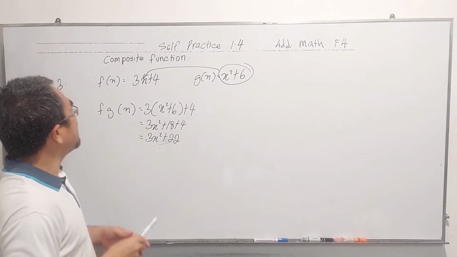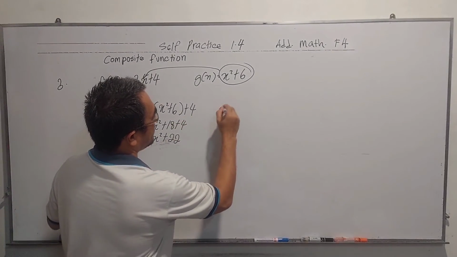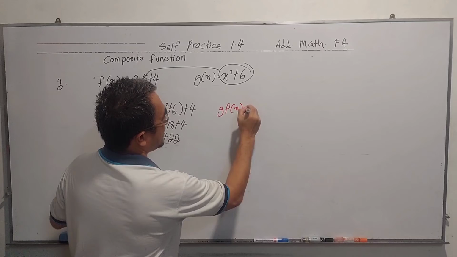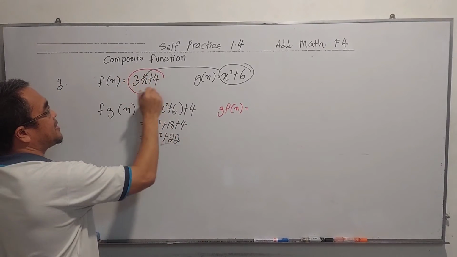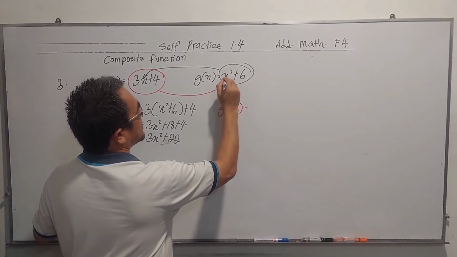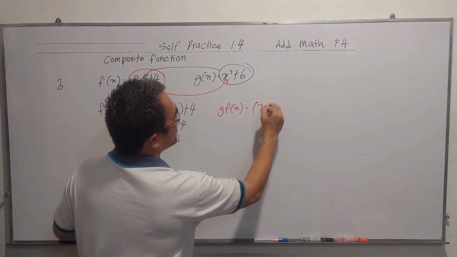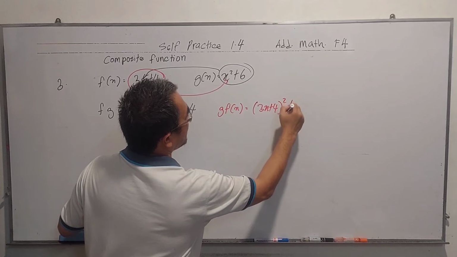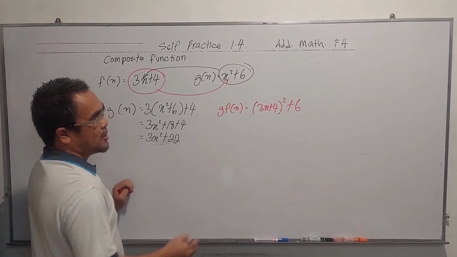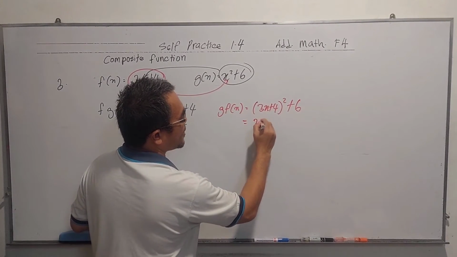And for gf it is the other way. You replace this where x is. So it becomes (3x plus 4) squared plus 6. So square you should write twice.